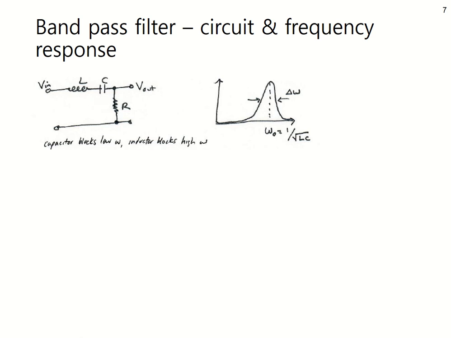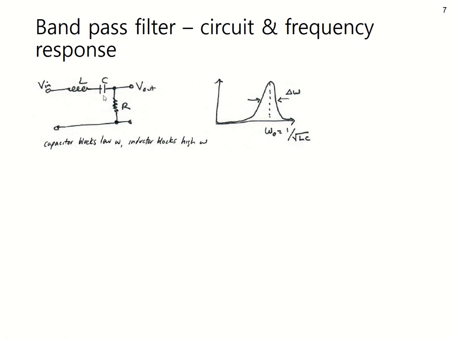And when these are shown in series, the capacitor is playing the role of blocking the low frequencies, while the inductor blocks the high frequencies. Frequencies that are in resonance with both the inductor and the capacitor are then allowed to pass to our output voltage. This is how this bandpass filter works when these are in series.